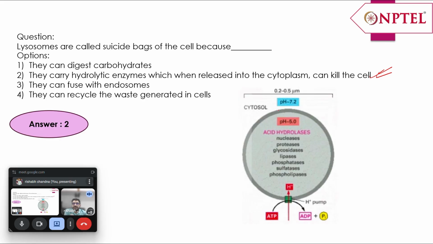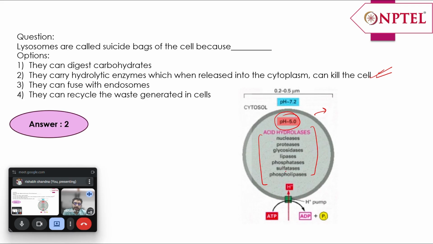Okay, so this is a basic diagram. It has a membrane. Then it has acid hydrolases. The pH of the lysosome is maintained near 5, so it has an acidic pH in its lumen. This acidic pH is required for these hydrolases to work.